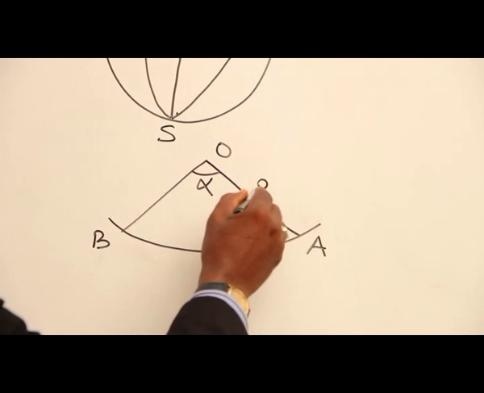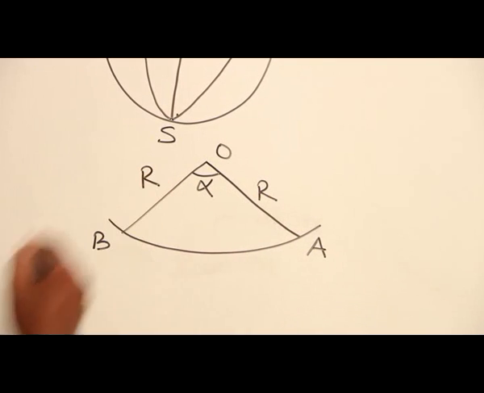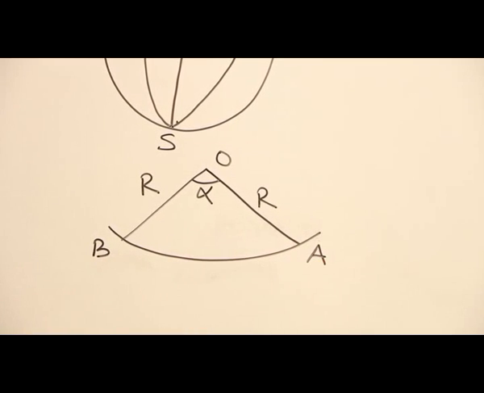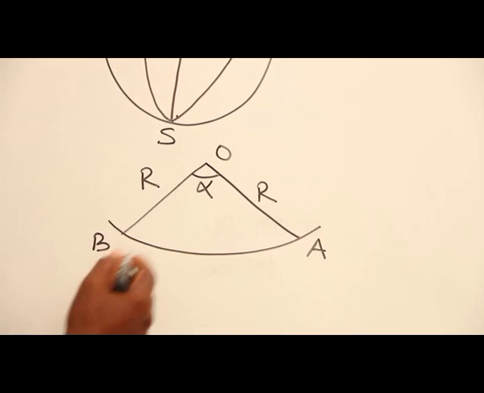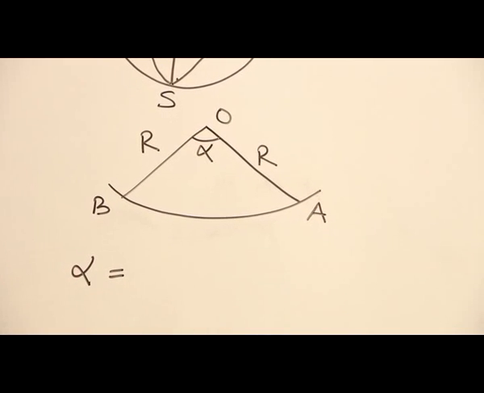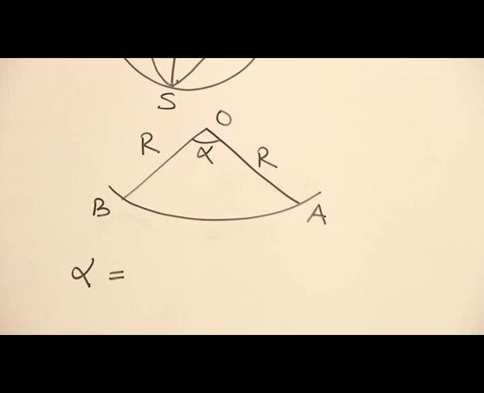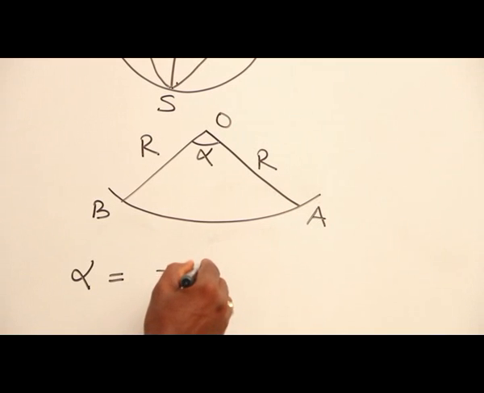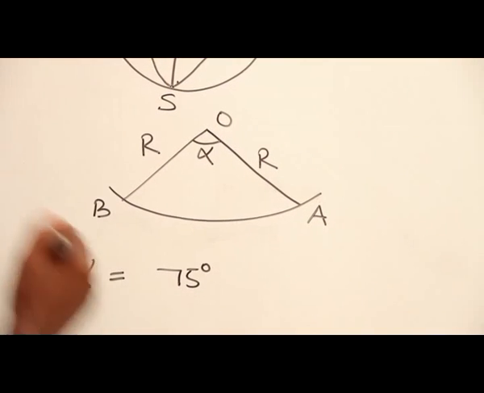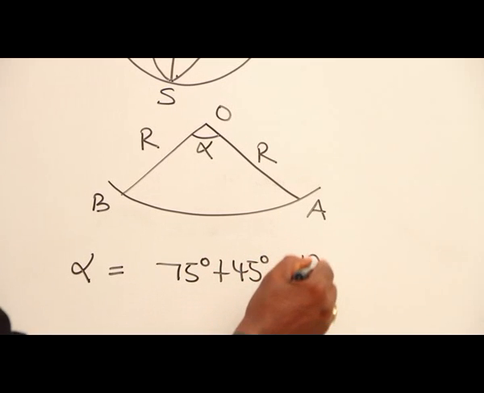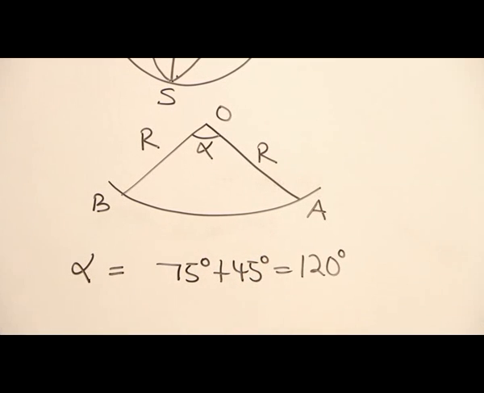And of course, this is the capital letter R, the radius of the Earth. We have to find the distance from A to B. First and foremost, we will find our alpha, which is the angular difference. The angular difference here is 75 degrees to the east and 45 degrees to the west. So we add them together, and that will give us 120 degrees.